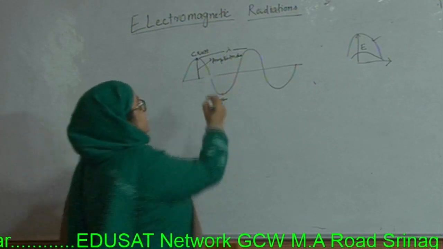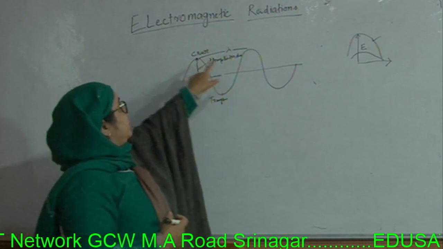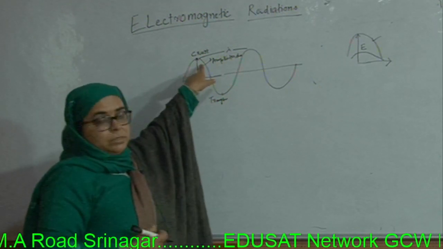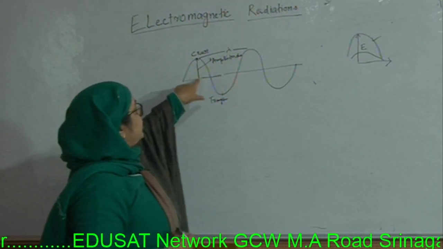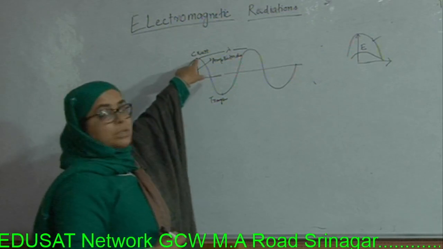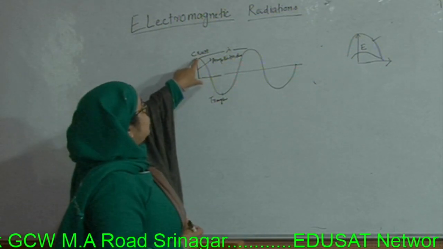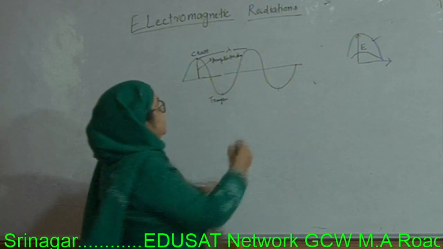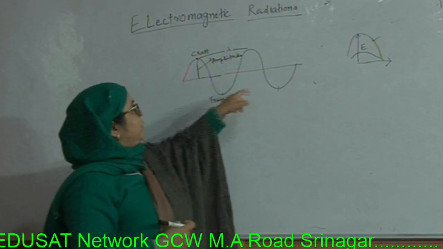This is the central axis. These oscillations above this axis are the crests, below it they are the troughs. The maximum distance from this central axis to the crest or to the trough is the amplitude. The distance between two consecutive crests or even two troughs is our wavelength. This or this, either of the two, these are our wavelengths.